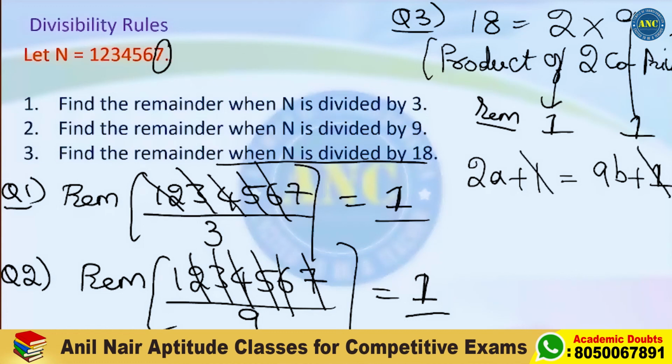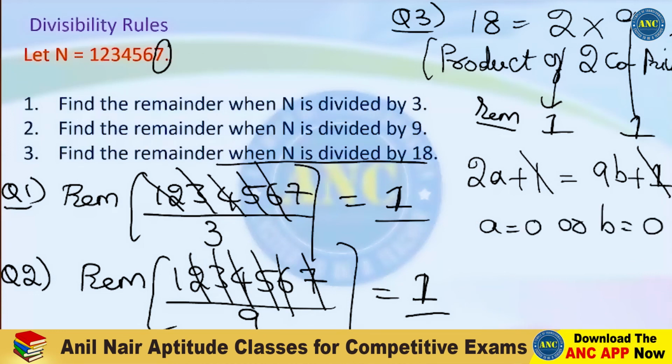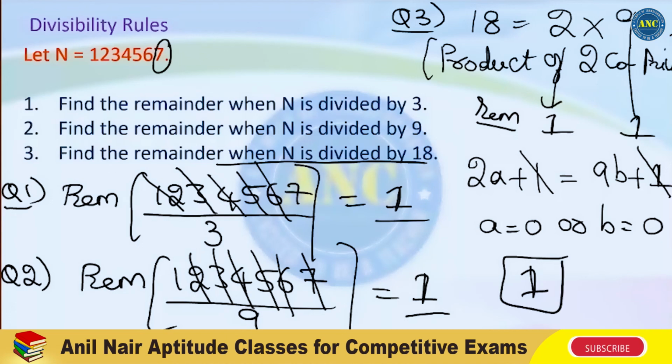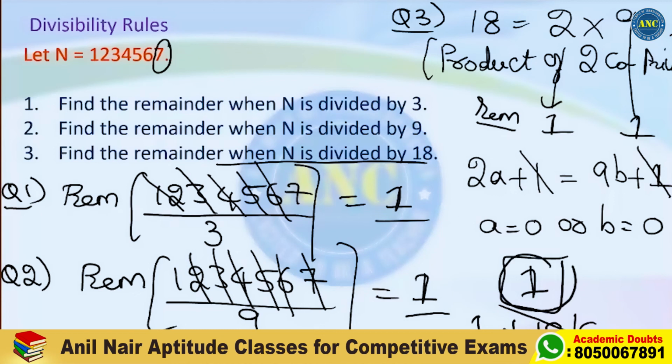So equate them: 2a plus 1 equals 9b plus 1. That is only possible when a is 0 and b is 0. Then 2 into 0 plus 1 is 1. So the form of the number is 1 plus 18k, divisible by 18 every time, and the answer when the number is divided by 18 is 1.